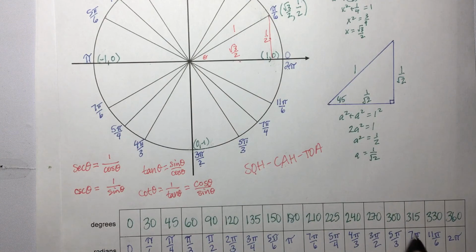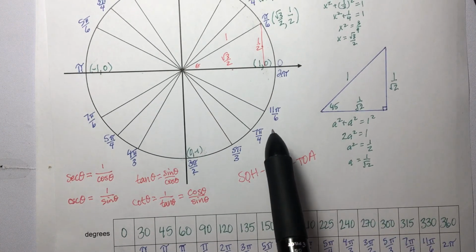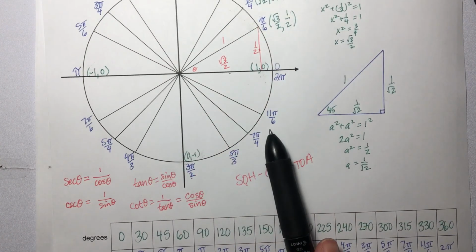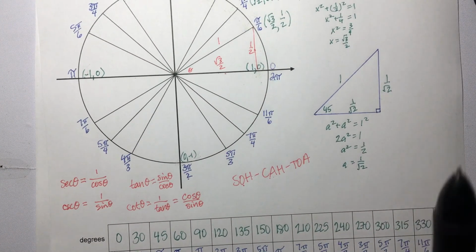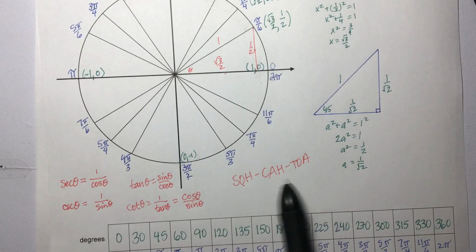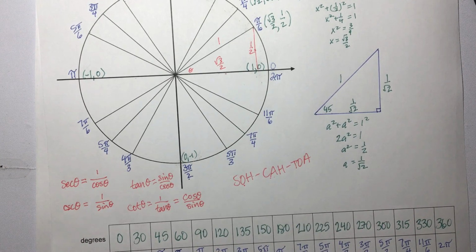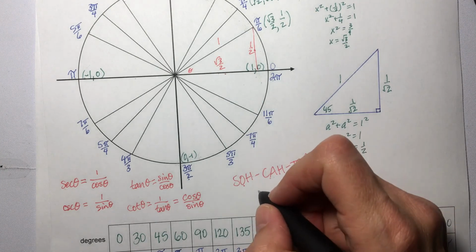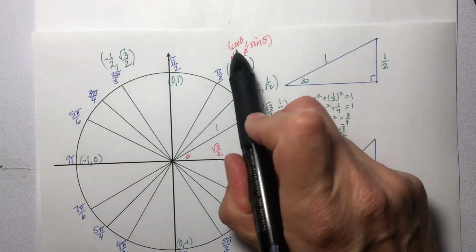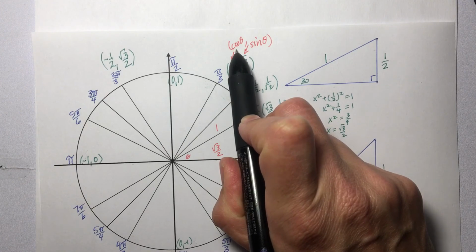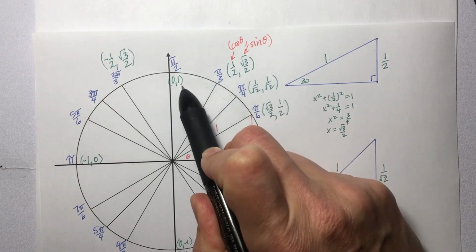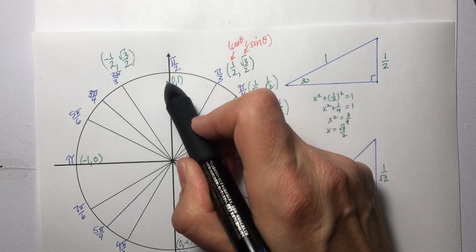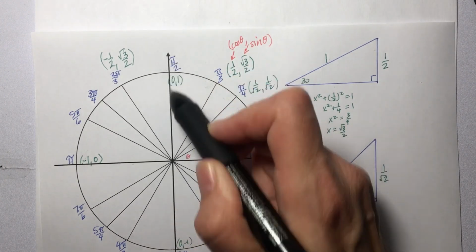So if you can count with fractions, you can deal with radians. If you know SOHCAHTOA, you can find all your coordinates. If you know the Pythagorean Theorem, you can get your coordinates. And SOHCAHTOA is going to get you everything else you need. So one of the key bits, though, is that you do need to know that the cosine is the x and the sine is the y, because when you're looking at something like 0, 1, or pi over 2 radians, there's no triangle to look at.